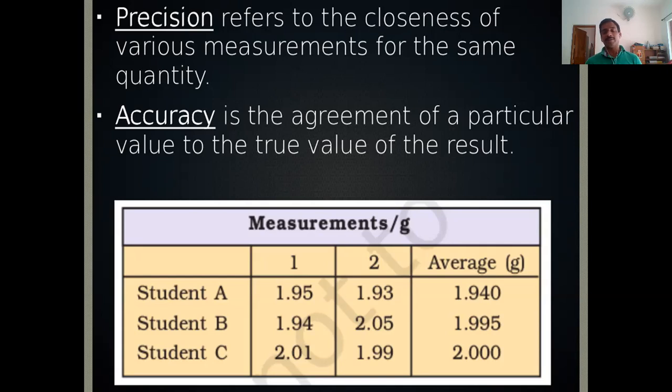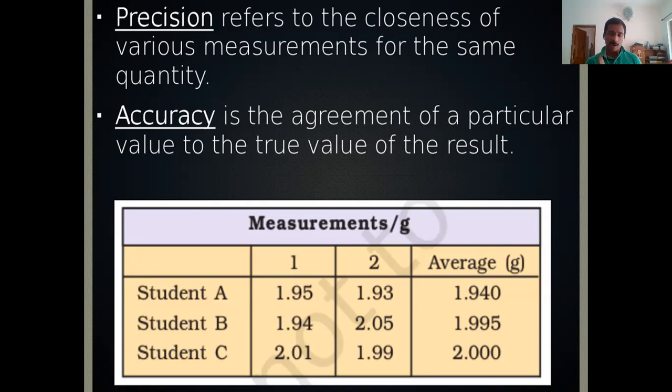What about student C? 2.01 and 1.99, very close to each other, very close to the average value. So student C also has precision because his measured values are very close to each other. Suppose the accurate value is 1.940.